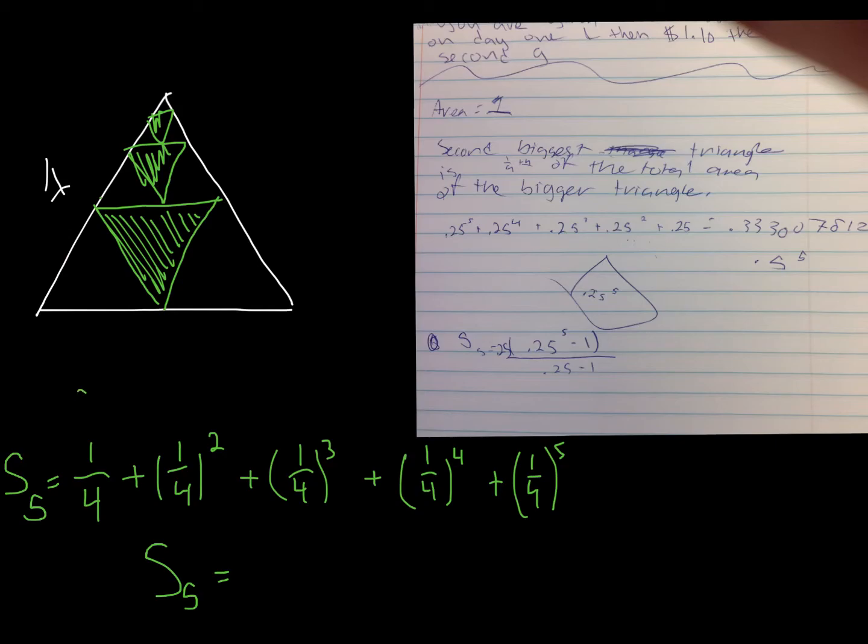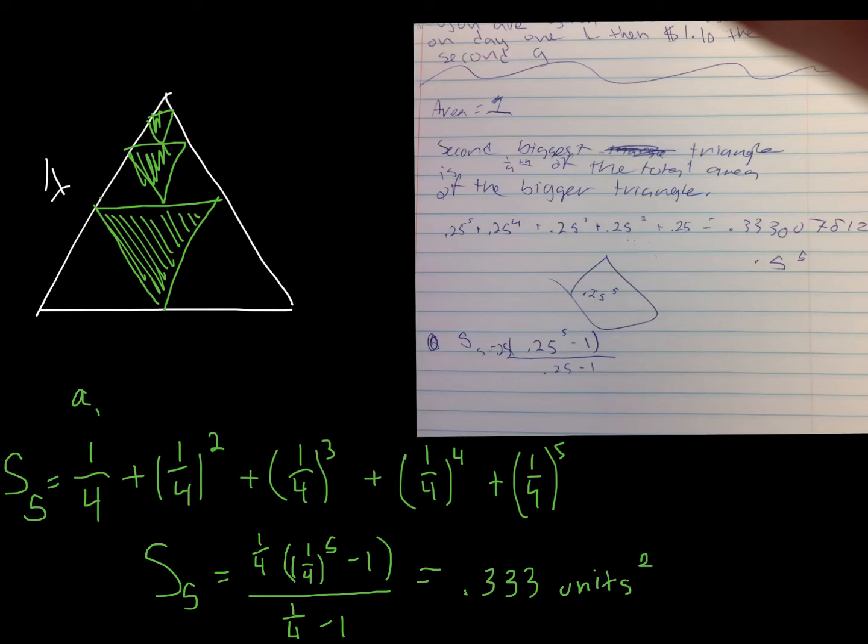The initial term, a sub 1, is 1/4, so I'll have 1/4 times r, the ratio, which is also 1/4, to the nth power, which is 5, minus 1, divided by r, which is 1/4 minus 1. And if you do that, you're going to get approximately 0.333.